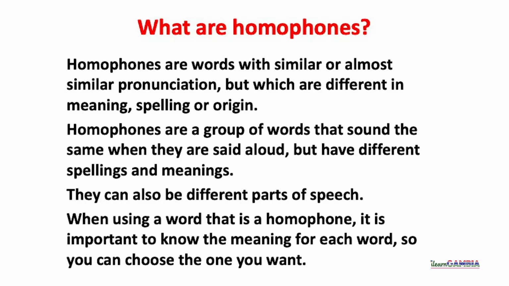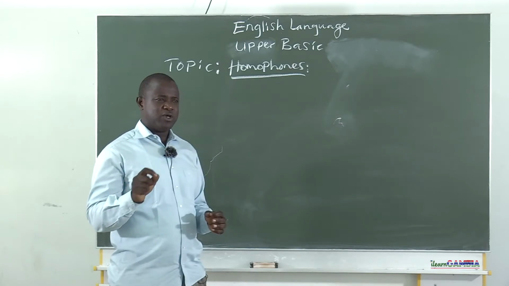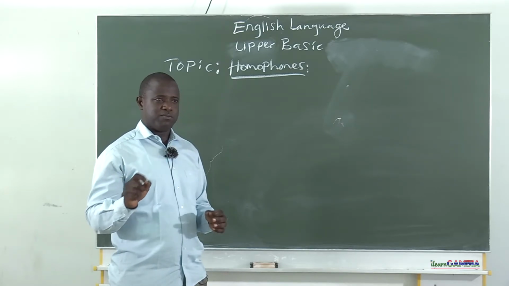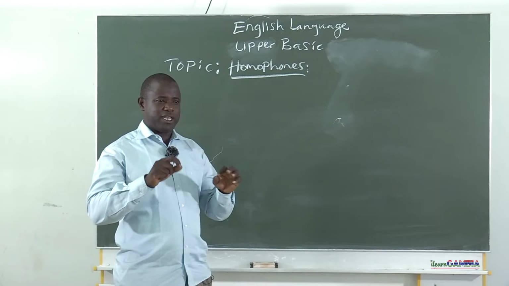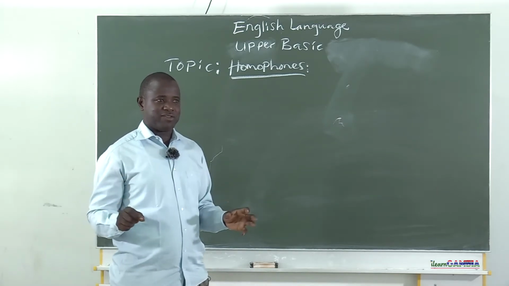So in English grammar, homophones are words with similar or almost similar pronunciation, but which are different in meaning, spellings, or origin. That is to say, the two words may sound the same or very near, but if you look at their spelling and their origin, they might be different.